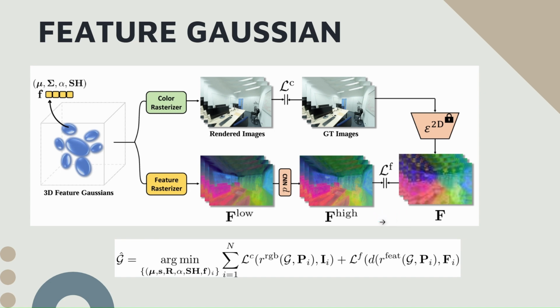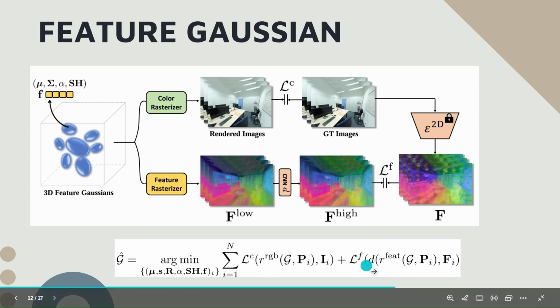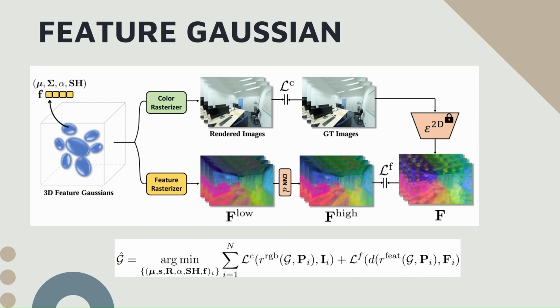Supervising the 2D backbone. The ultimate goal is to inject 3D awareness back into a standard 2D vision model, denoted by epsilon 2D. For a real image I_i, we run epsilon 2D to obtain its feature map F_i. We compute the feature consistency loss, L_F, which is the distance D between F_i and the rendered feature map, where D is a distance metric such as cosine similarity or L2, whichever you want to use.